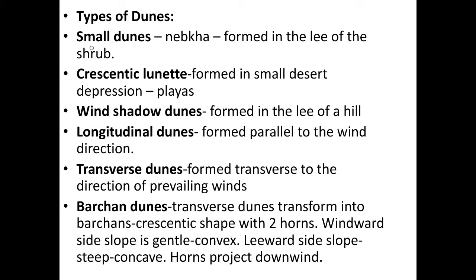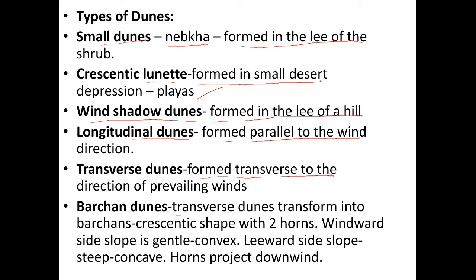Types of dunes: small dunes, also called nebkha, formed in the lee of a shrub. Crescentic or lunate dunes are formed in small desert depressions, which are also called playas. Wind shadow dunes are formed in the lee of a hill, and longitudinal dunes are formed parallel to the wind direction. Transverse dunes are formed transverse to the direction of prevailing winds.